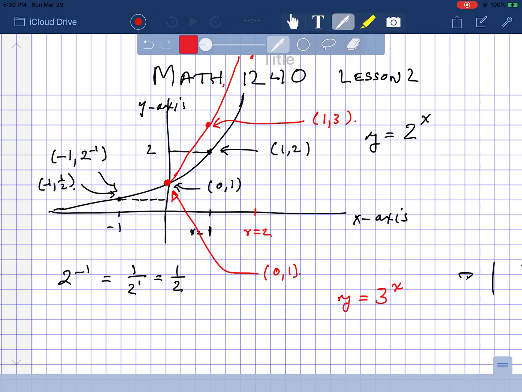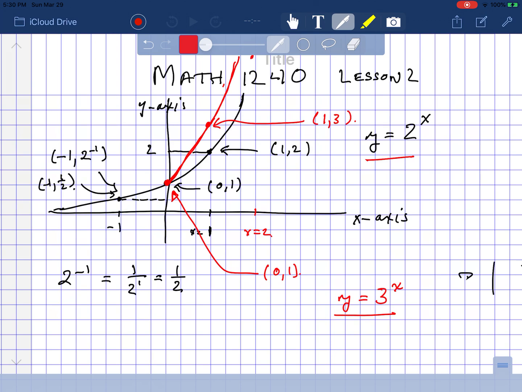And my curve would be rising very, very rapidly. So this curve, for values of x greater than 0, the graph of y equal 3 to the x power lies above the graph of y equal 2 to the x power.